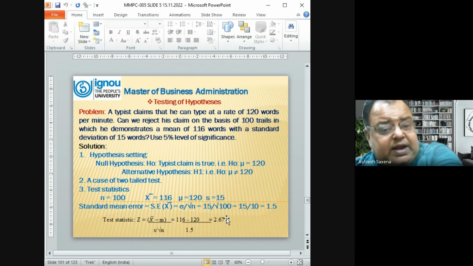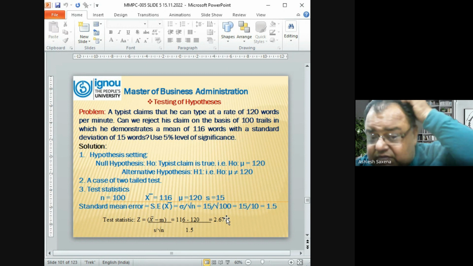It is a case of a two-tailed test. Your n is 100, x bar, that is the mean, is 116, and your mu is 120, and your standard deviation is 15 because we are taking it for the sample.